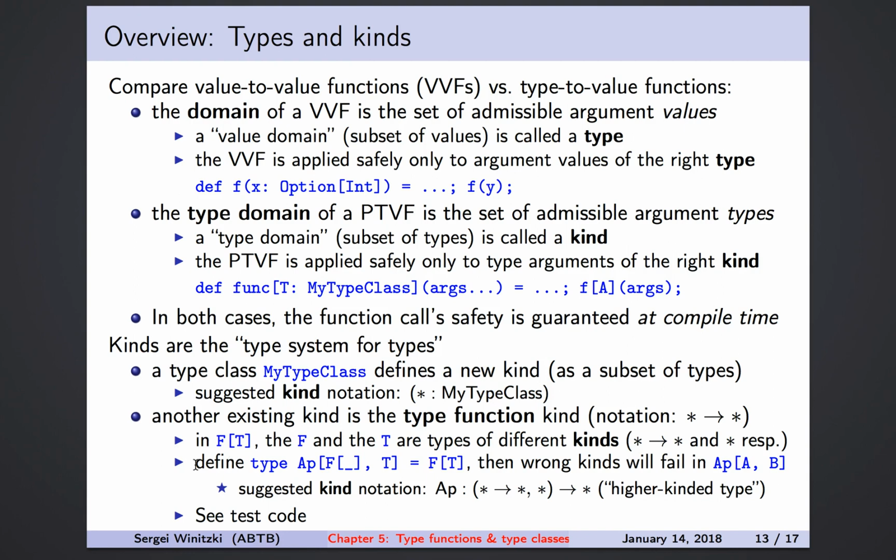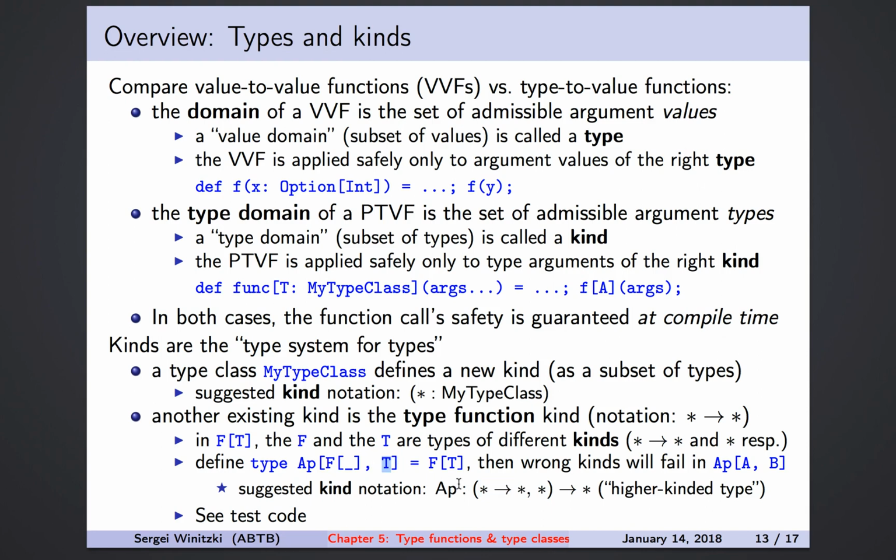Here's an example. We can define a type like this. This is a type. This is also a type, but this is a type function. This is also a type function. So the kind of this is actually this expression. It has two arguments. The first argument is a type function, which is this kind.